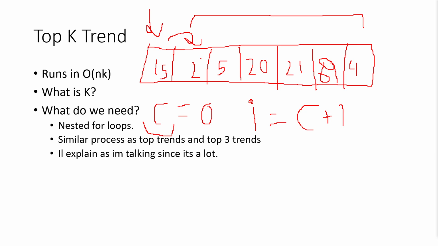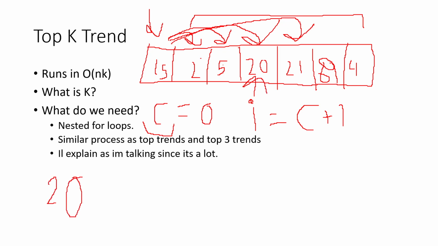Now, let's say I'm iterating through 2. 2 is not greater than 15, so I do nothing. Then I go to the next one. 15 is greater than 5, and 15 is greater than 20? And then there's 21. So basically, I keep track that this one is my current biggest one.